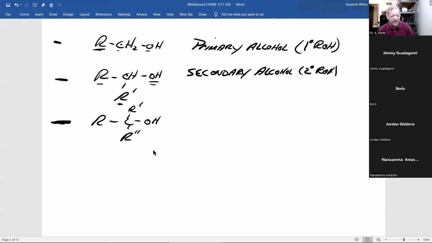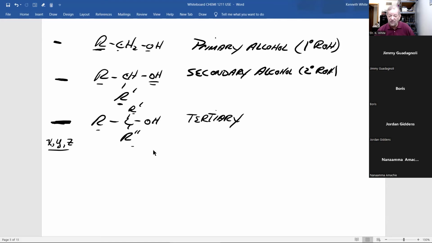Now in this one here, we have 1, 2, 3. And like you have R prime and R double prime, it's the same as in math, where you say X, Y, and Z. They can be the same or different. So you have R with 5 carbons, R prime 10, R double prime 2, or they can all be the same, just like X, Y, and Z could be the same number. And this is called a tertiary alcohol.